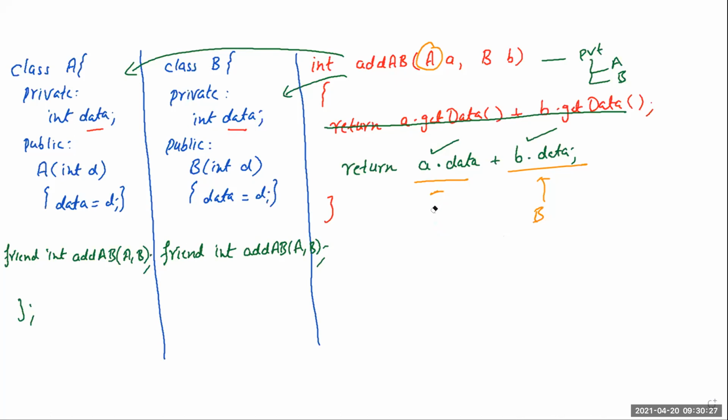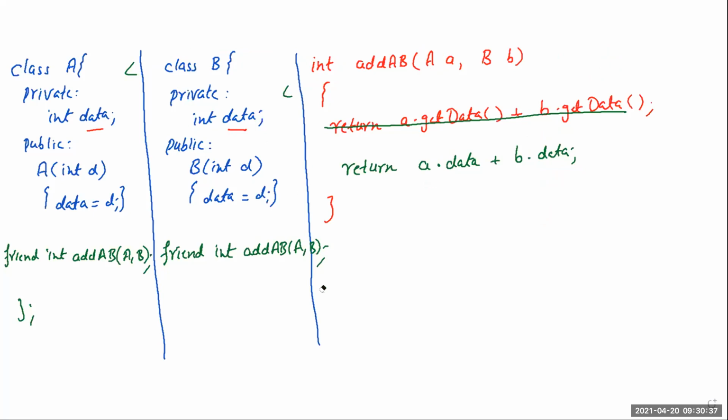But there's a small point that we need to discuss before we can make this program, which might be something new for you. But let's discuss it so that in the future, if such a situation arises, you are familiar with that. Okay, now you see, when we are writing this statement, friend int add AB, A comma B, right? Suppose in a single file, this is your file.